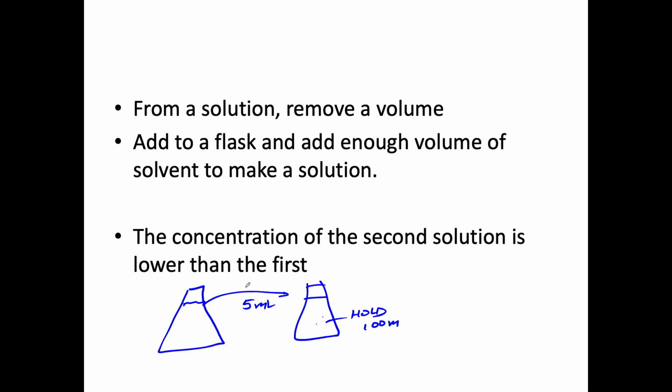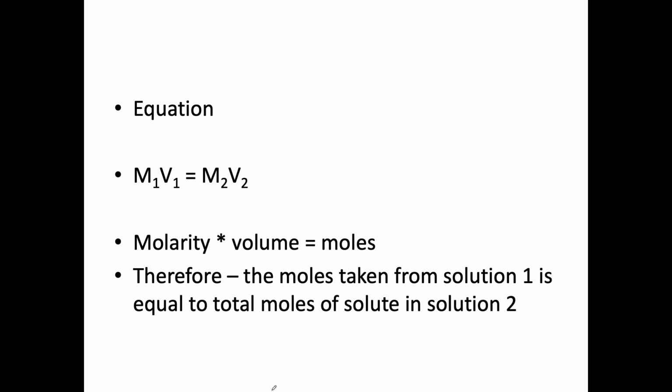So the moles that we take out equal the moles in the final. That is important because this is how we make dilutions, and we're going to have an equation associated with this. Everybody calls it M1V1 equals M2V2. This is the equation for dilutions.